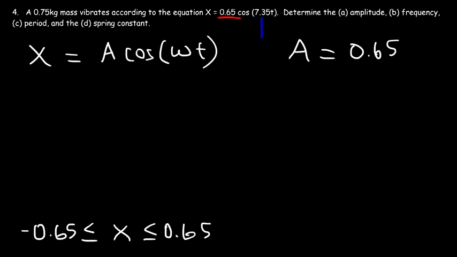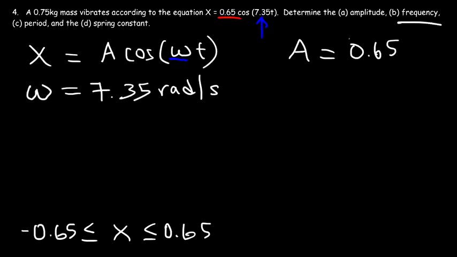Now, what does this number represent? 7.35. Notice that the variable in front of t is omega. So the 7.35 represents the angular frequency of this oscillator. So it's 7.35 radians per second. And if we know the angular frequency, we can now find the frequency.